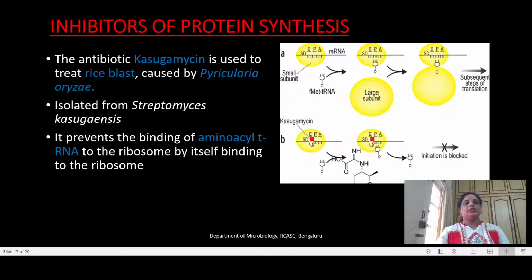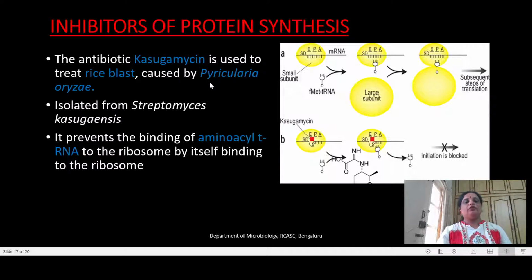And also there are certain fungicides which inhibit the protein synthesis. So for example, there are certain antifungal agents, say for example kasugamycin. This is one of the antifungal agents which has been extensively used against the rice blast disease, which is caused by Pyricularia oryzae.